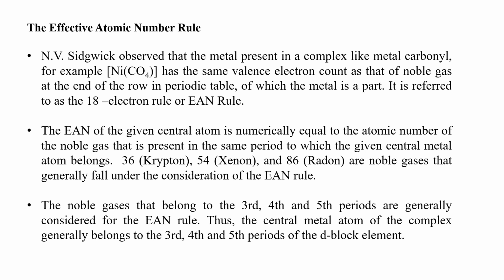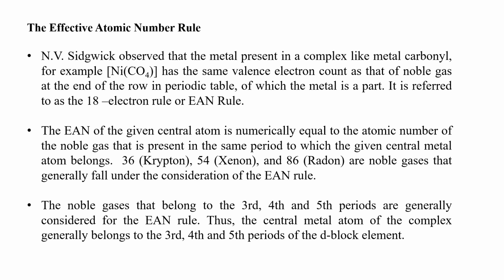So if you're looking at the central metal atom nickel here, the number of electrons around the nickel is equal to the number of electrons in the noble gas of the same series in the periodic table, right? That's why it is called its effective atomic number.